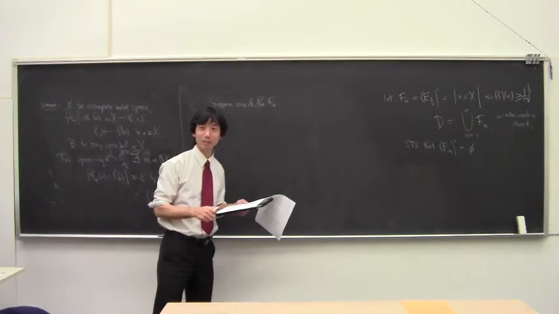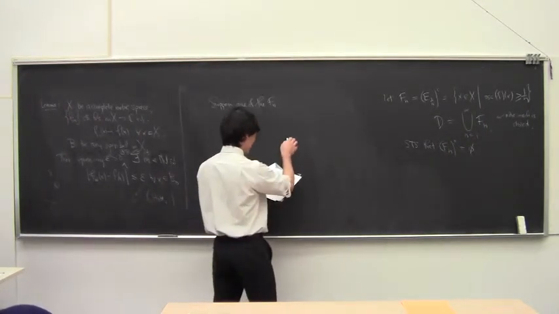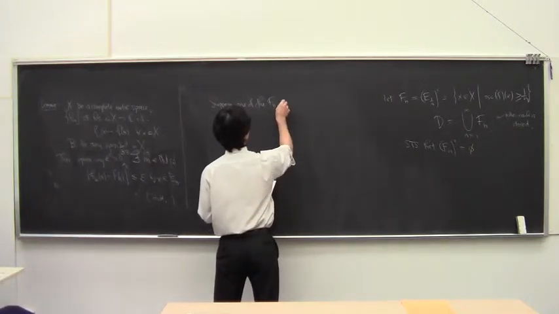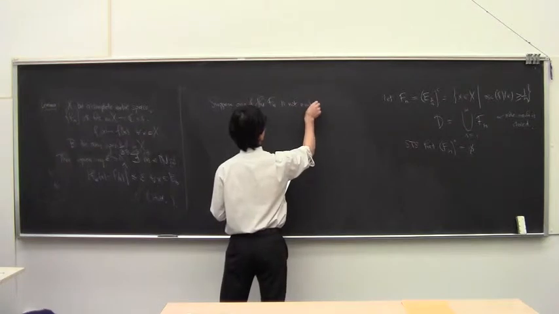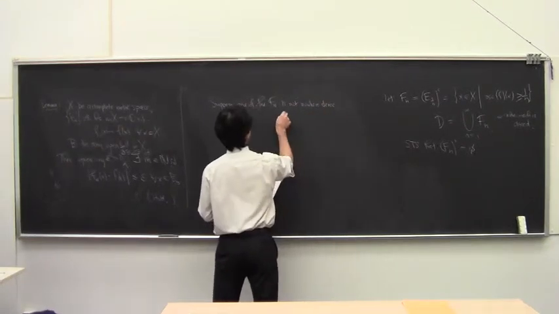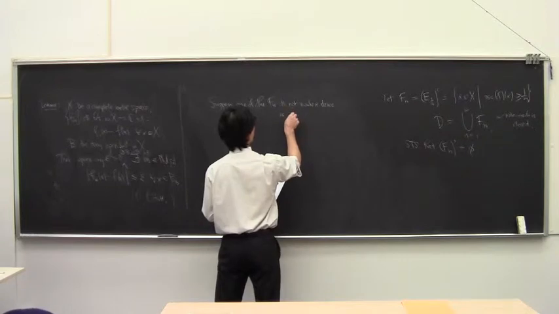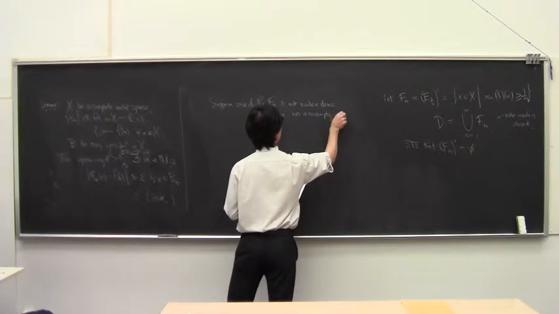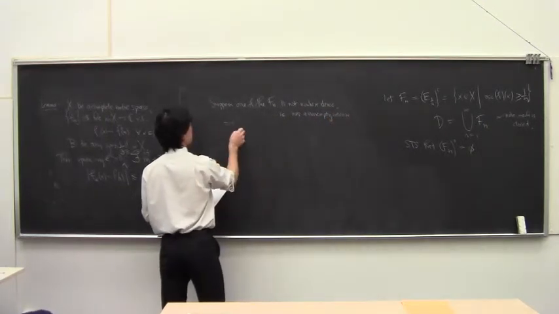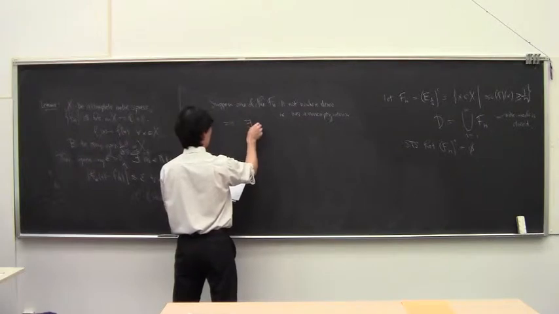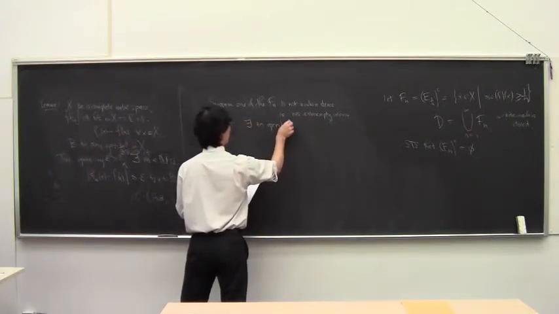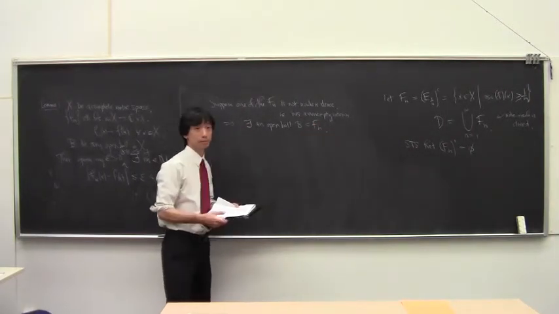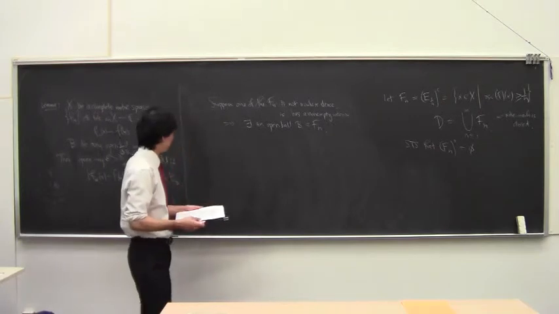That's not to say that it's dense, but that it's not nowhere dense. Those are different things also. Okay. Well, in that case, it's not nowhere dense, i.e., it has a non-empty interior. That is to say that there exists an open ball B contained in that particular F_n.